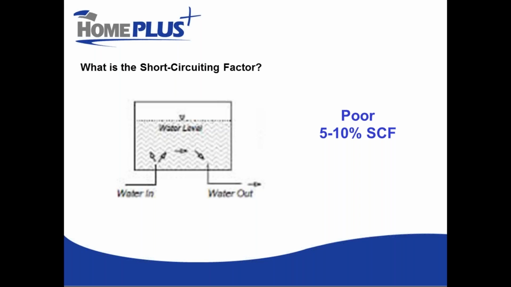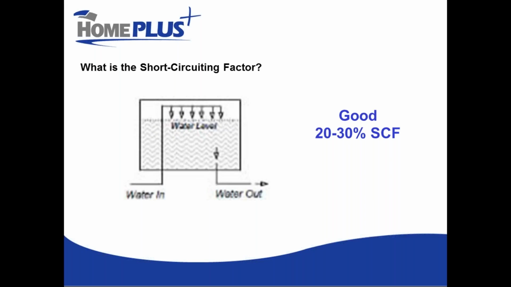So we can improve the design of this reservoir by doing something like this, where the water is sprayed in evenly on top and collected down at the bottom. This will provide overall better mixing and an average contact time that is longer.